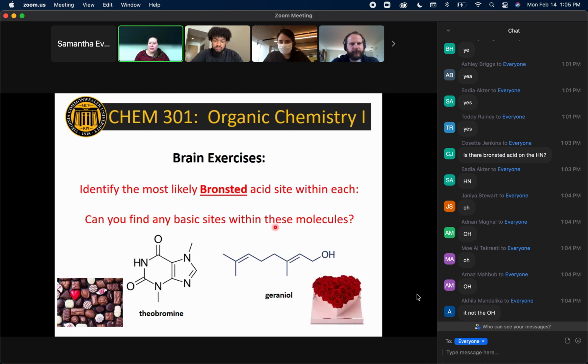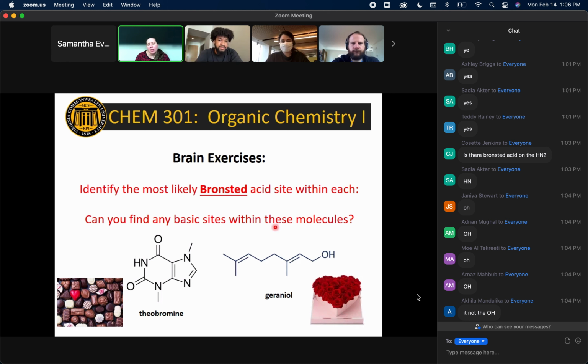What about basic sites within these molecules? Well, I didn't ask you to find the most basic site because that's not actually that easy to do with these molecules. But just think about what it means to have a basic site. It's going to be a place that can reach out and grab a proton. That's the Bronsted definition of a base.